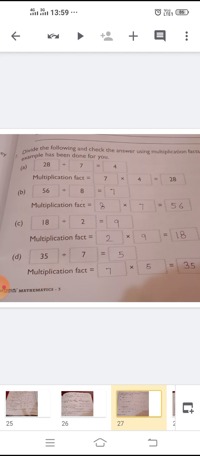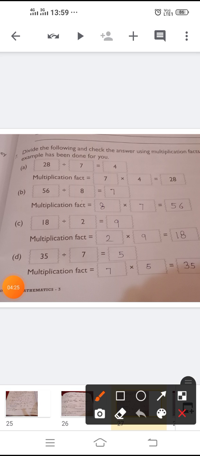Next, you can see 56 divided by 8 will give you 7. So 8 multiplied by 7 will give you 56. Understood?